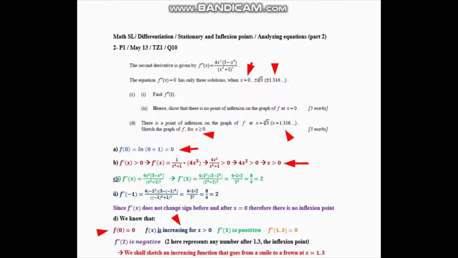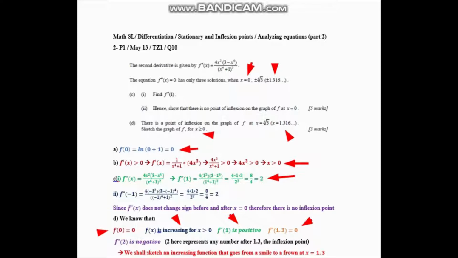We also know that f double dash of 1 is positive. So after 0, I have a concave upwards curve. And remember that I have an inflection at 1.3. So I have a smiling curve from 0 to 1.3, and I have a change at 1.3.